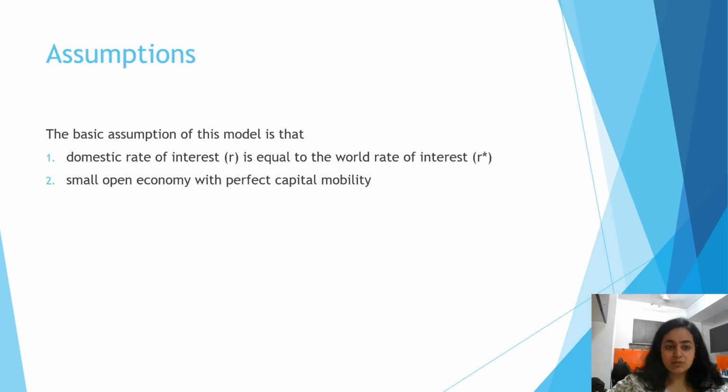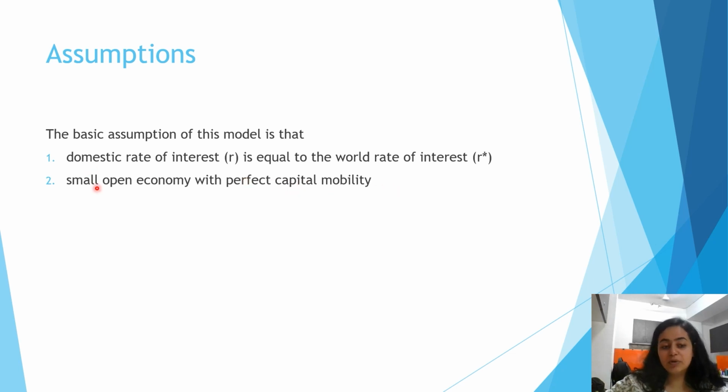So the two assumptions are that the domestic interest rate, which will be called R in this model, is equal to the world rate of interest, which is R star. So R will be equal to R star. And the second assumption is that we are considering a small economy which is open with the rest of the world and has perfect capital mobility.